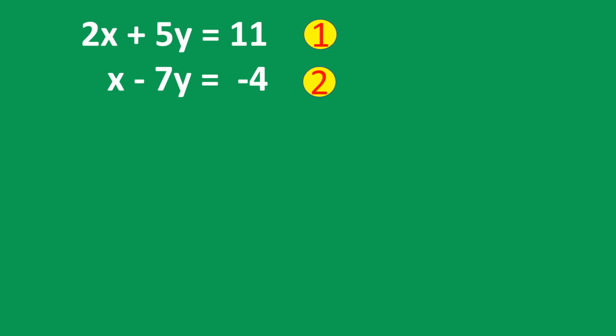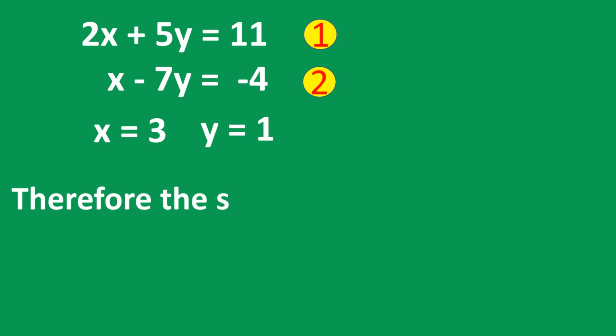So we have seen that 2x plus 5y is equal to 11, which is equation 1, and x minus 7y is equal to minus 4, which is equation 2, and that the values x is equal to 3 and y is equal to 1 satisfy both equations 1 and 2.